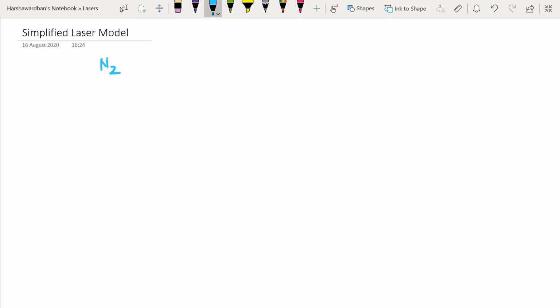N2 is the number of atoms in the excited state, in the state 2, right, which is our excited state.